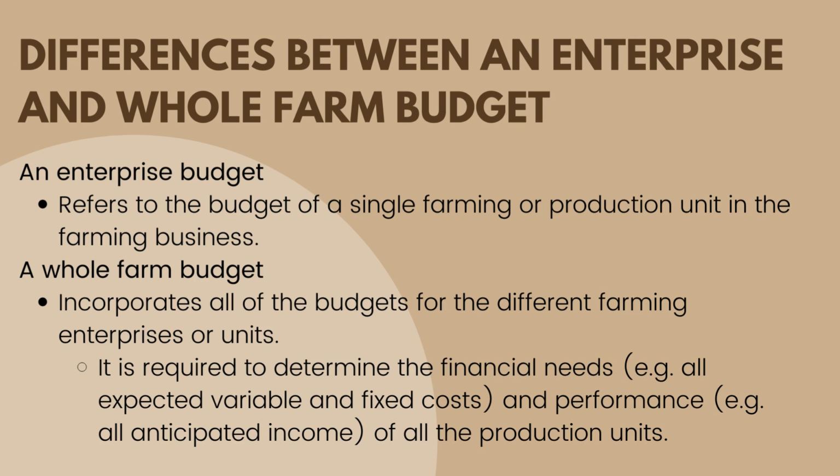For example, if you have maize production on this farm, you've got livestock, and within the livestock you will have your large stock and then your small stock. Even with your small stock, you may have a fish, sheep, or goat enterprise. So you separate them in a whole farm budget, but in a way, you are combining all the enterprises.